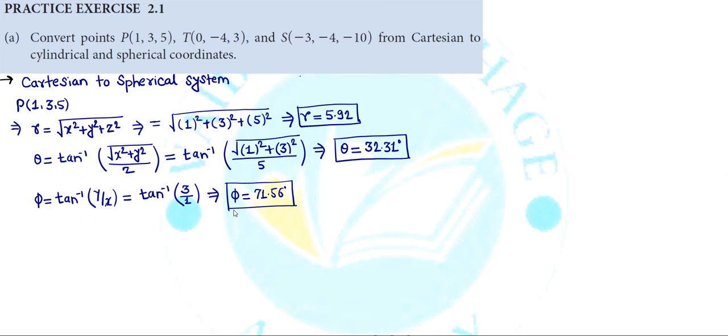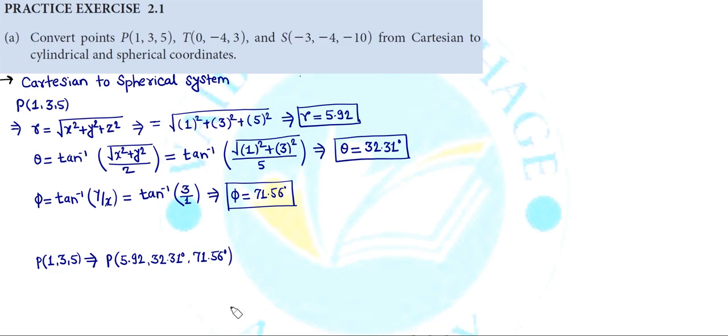Okay, so this is what we have: the Cartesian coordinate of that point P, 1, 3, 5, which is converted into spherical, and that point P is now 5.92, theta equal to 32.31 degrees, and phi equal to 71.56 degrees.